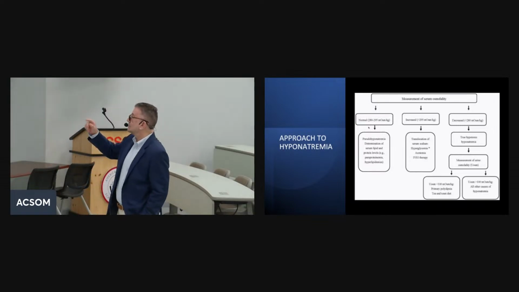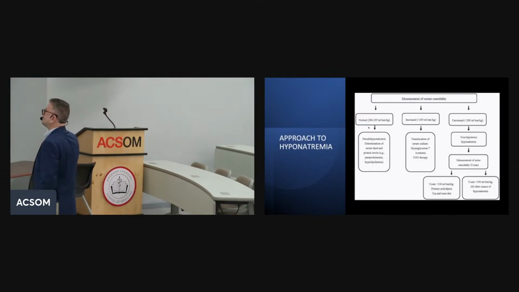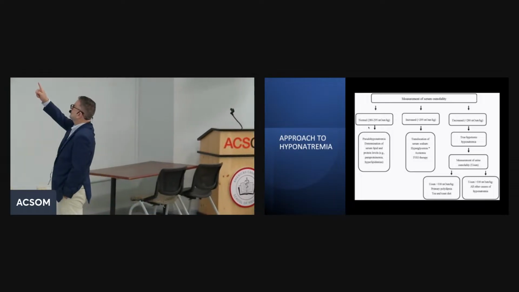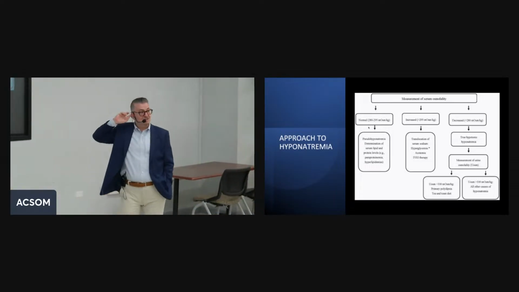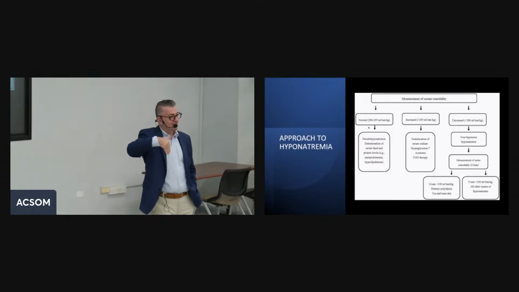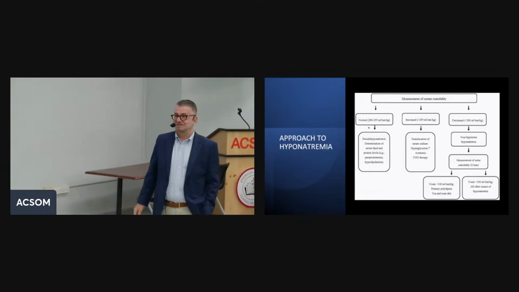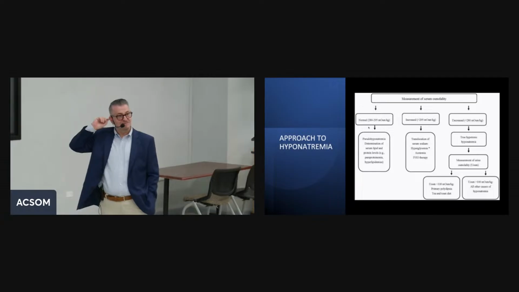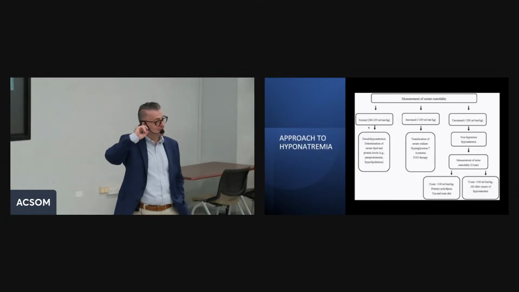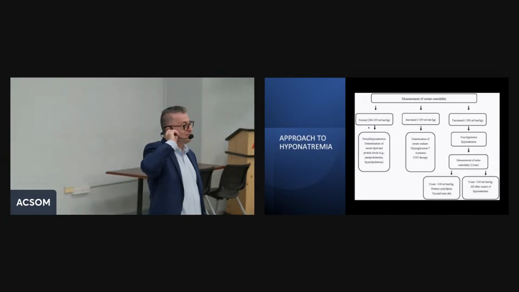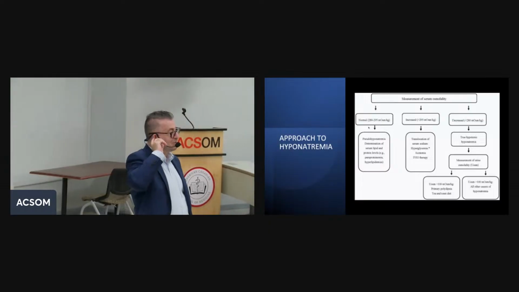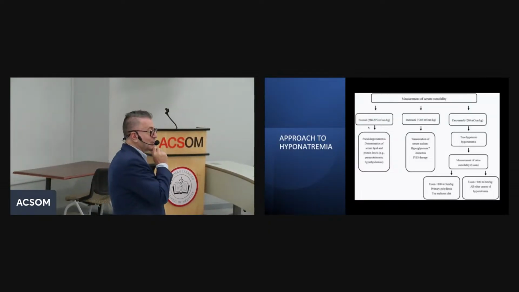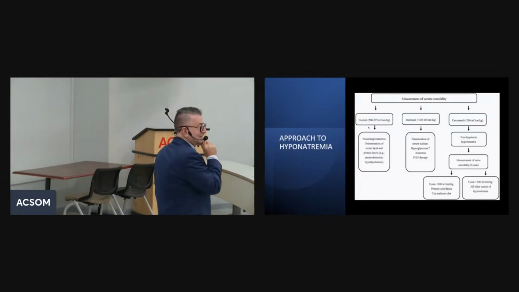So if I check the osmolality in my patient, and if it's low, I know that your patient has true hyponatremia, and I move on with what's going on. Now, if I check the osmolality and it's high, that would be unusual, right? I wouldn't be too worried about it because think about osmolality in a cell.